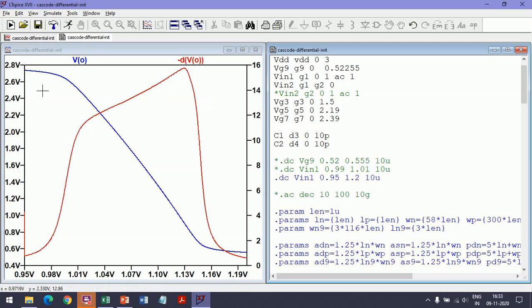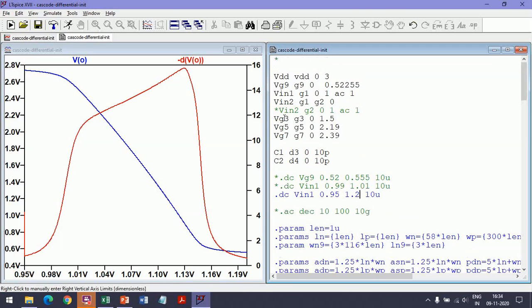So this is the output voltage, red is the gain. The highest gain we are getting is less than 16. So now we have met the differential mode gain and the common mode gain at an output DC voltage of 2.6 volts.